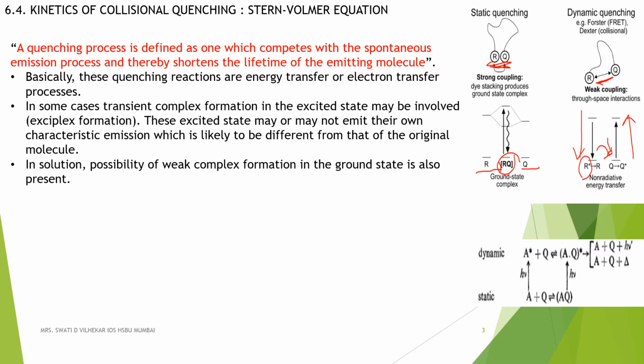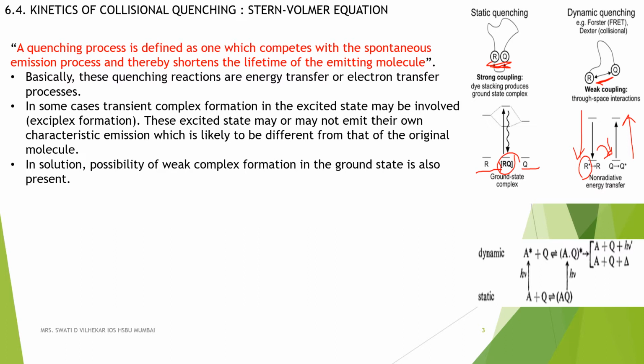So in solution, as we have seen the collision in solution, what happens there? Basically, the Na plus and Cl minus, the two solid particles, get surrounded by the solvent cage. Let's take the fluorescent molecule to be inside the solvent cage, and the quencher outside the solvent cage.